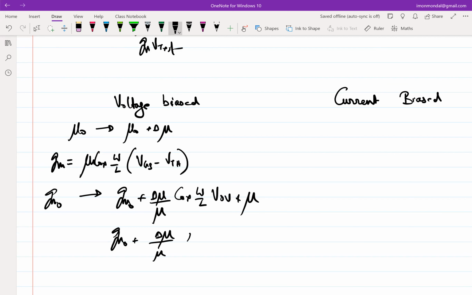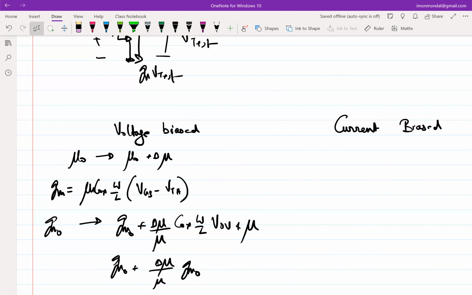But in a current biased transistor, the corresponding equation that helps in the maths is this. Because ID is constant, I don't have to bother about any other variable.